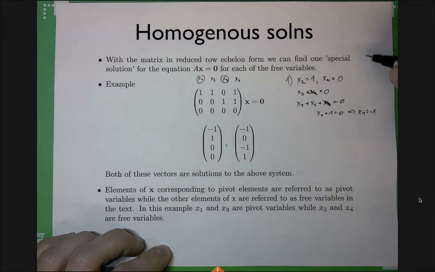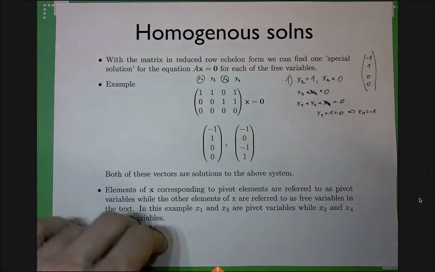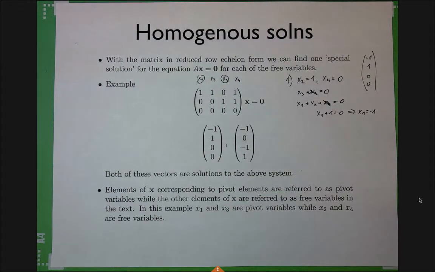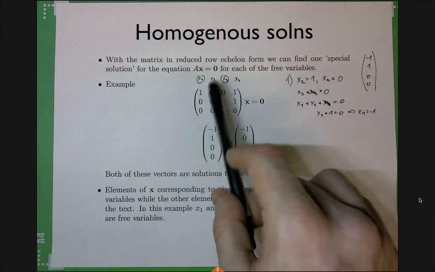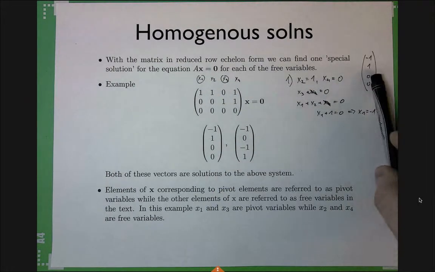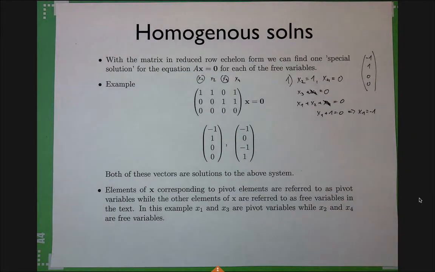So the first special solution is minus 1, 1, 0, 0. Let's check that this really is a solution. It's always good to check, right? And obviously, if you multiply this matrix with this vector, you can see that this really is a 0 vector. So I did not make a mistake right now. I might make a mistake later. Always check it by substituting.